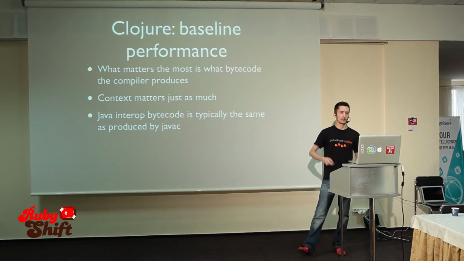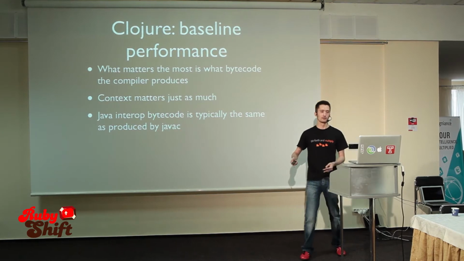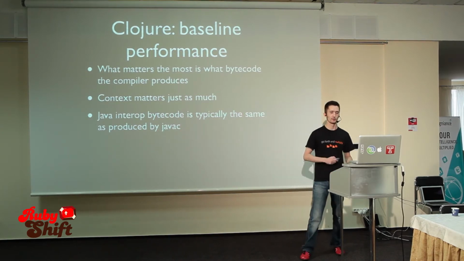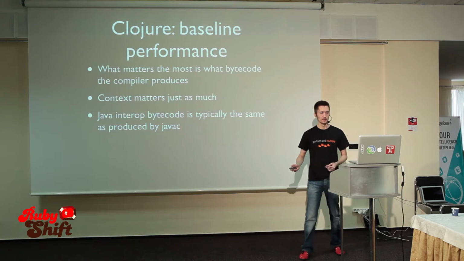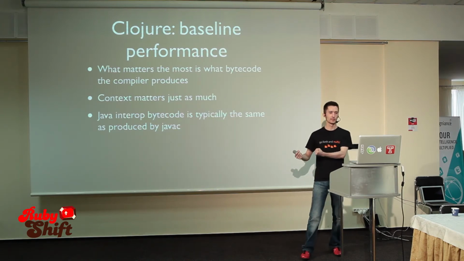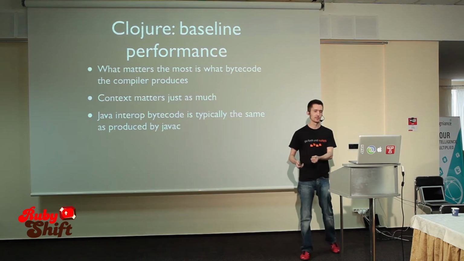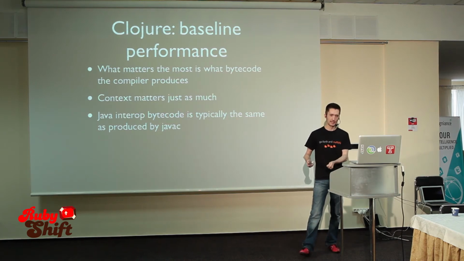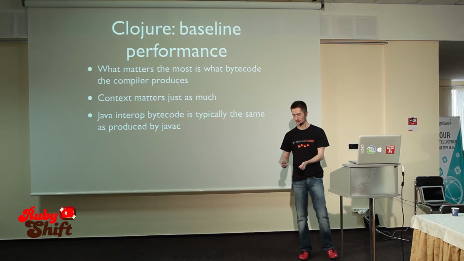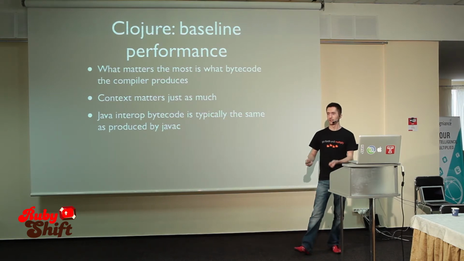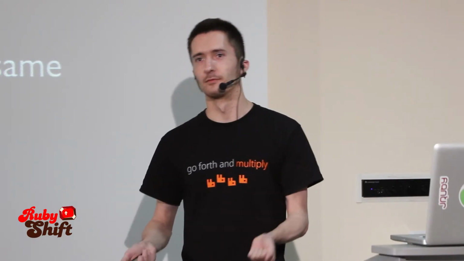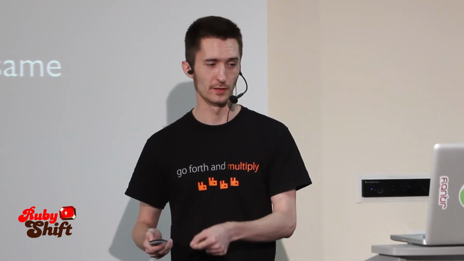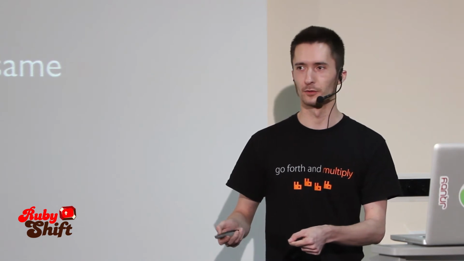So when Clojure integrates with Java, Clojure is always compiled. There is no interpreter. The Clojure compiler compiles your code when it is loaded, and it produces usually exactly the same bytecode as javac, which means if you trust javac performance and its results, it's probably going to be good enough for you.